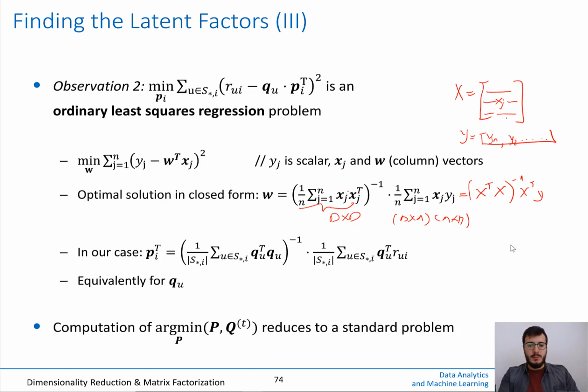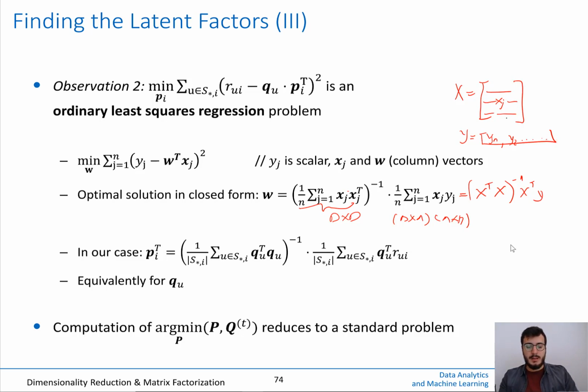But this problem and this problem now look very similar. Our RUIs are the yjs, our QUs are the xjs, because these are the constants, and our PI transposes are the w transposes. Be careful here: Q and P are row vectors, and xj and w are column vectors, which just means we have to put the transpose in the correct place, but otherwise these two match. If we do pattern matching, we see that they're similar.